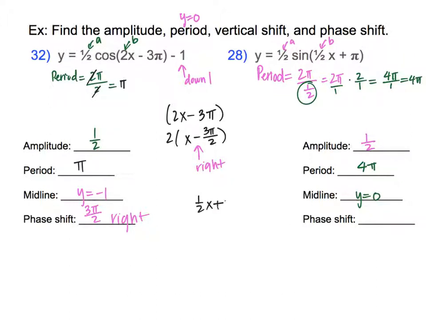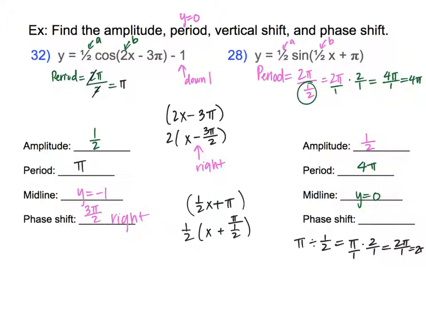x plus pi. If I factor out a half, I have to divide this pi by 1/2. And that's kind of tricky. First, when you're dividing by a fraction, you have to multiply by the reciprocal. So if I multiply by the reciprocal, that's 2 over 1. So this is really pi times 2, which is 2 pi over 1, which is 2 pi.